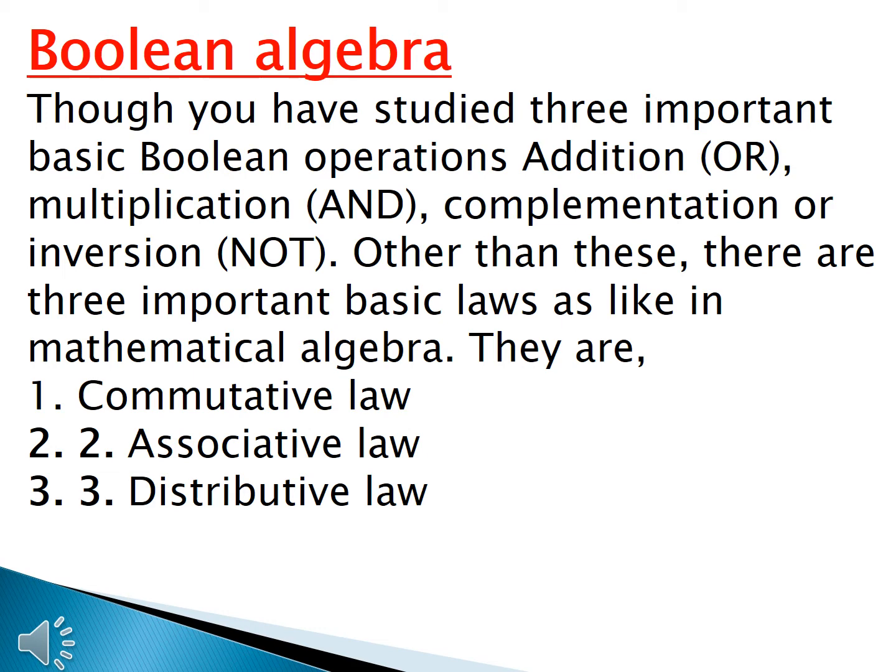Suppose these inputs A, B, C are applied on an OR gate. Now B plus C goes through the OR gate and becomes B + C, then A plus that becomes A + (B + C).